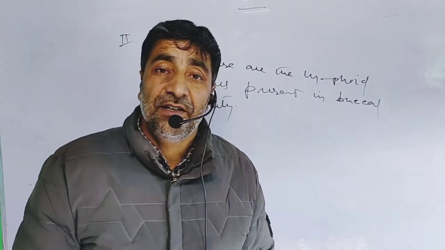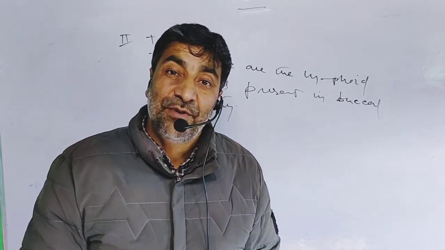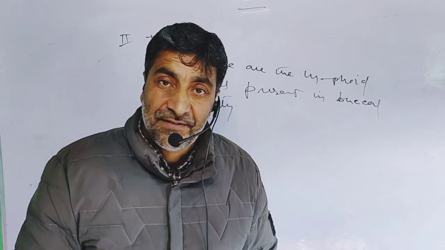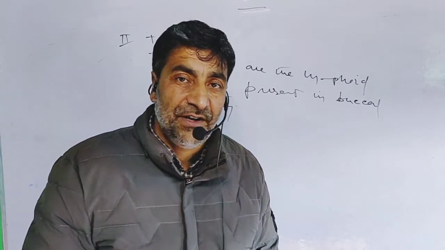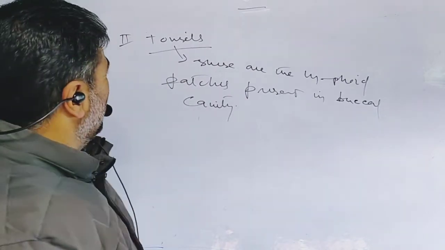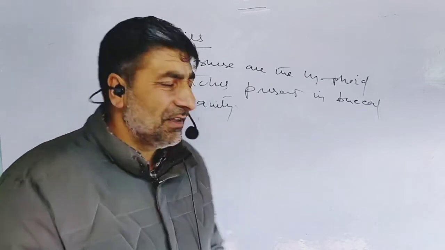What does lymphoid mean? Lymphoid means they contain lymphocytes. Lymphocytes are present in these tonsils. That is why they are called lymphoid. Now there are 4 types of tonsils in our buccal cavity.